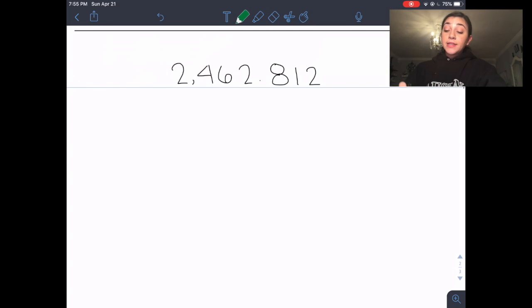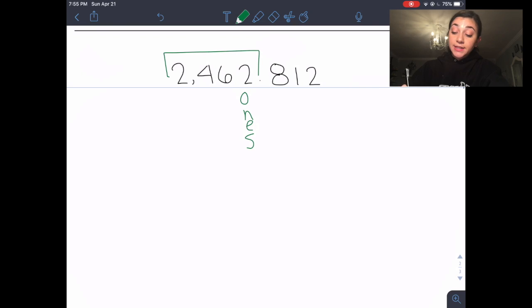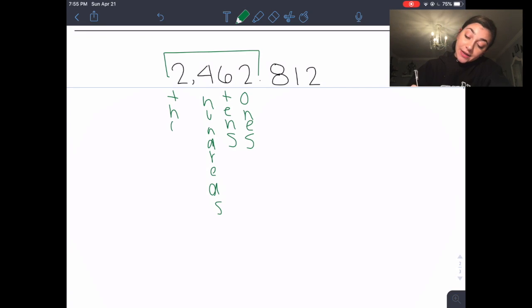In this case, we're going to start on the left side of the decimal. So the 2 is in the ones, the 6 is in the tens, the 4 is in the hundreds, and the 2 is in the thousands.